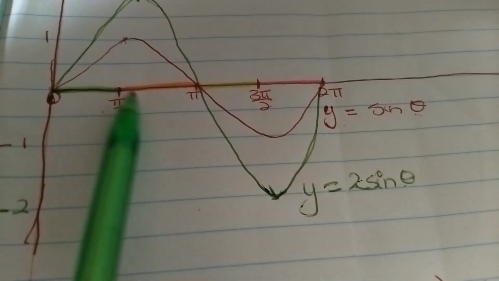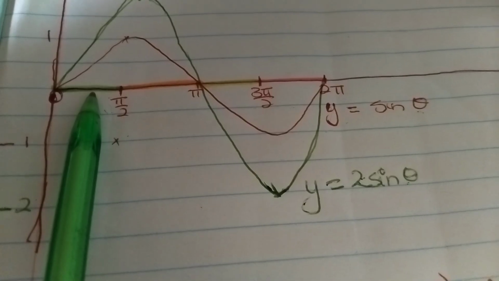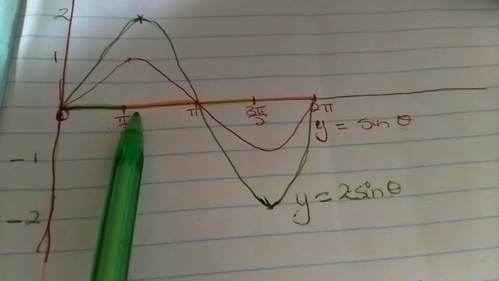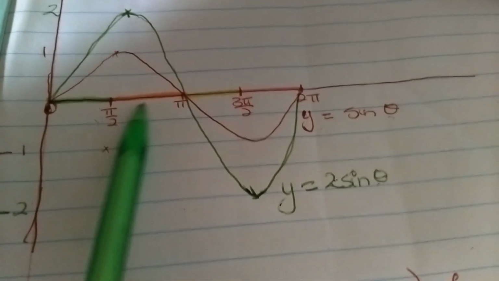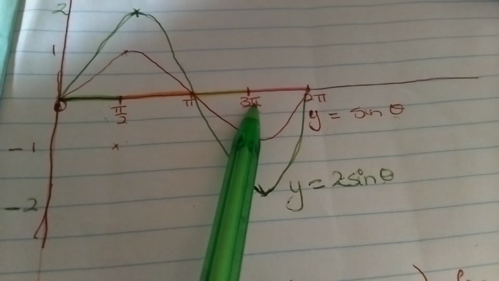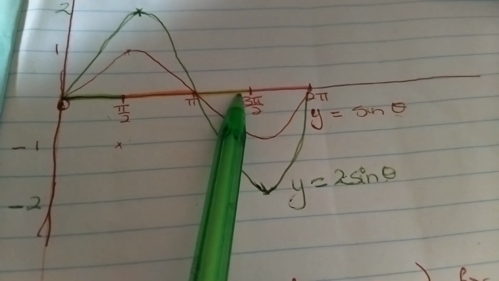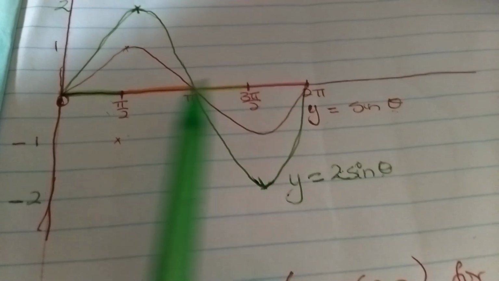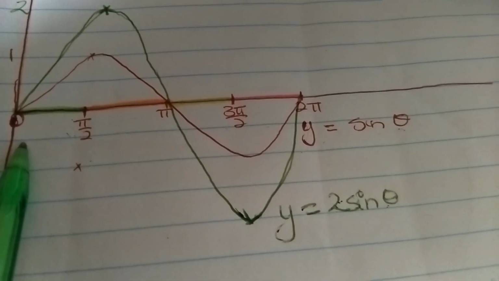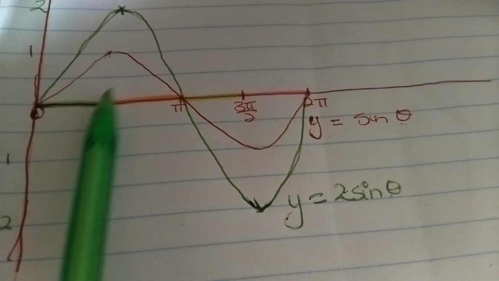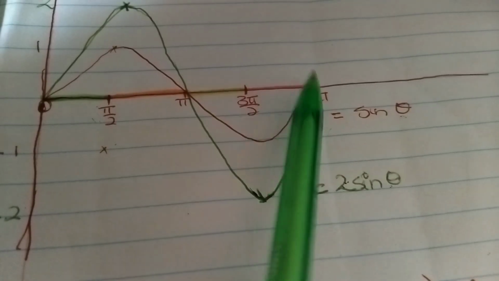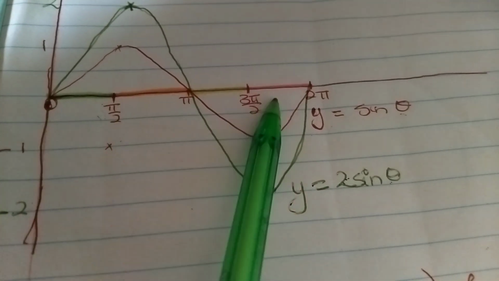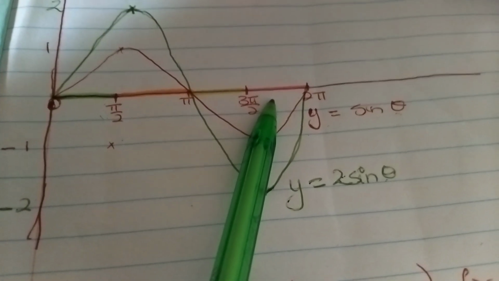I try to highlight with a green marker, here from pi over 2 to pi is an orange marker, from here to here is a lime one and a pink one here. The idea is for you guys to see that you have 1, 2, 3, 4 segments. If you have these 4 segments, it will be easier for you to draw the graph.